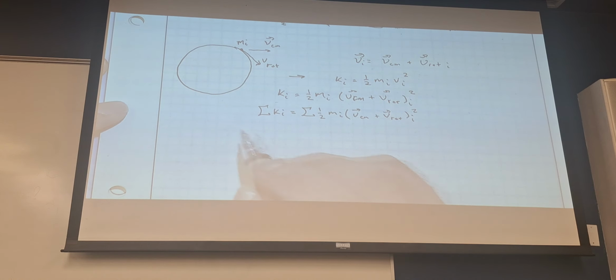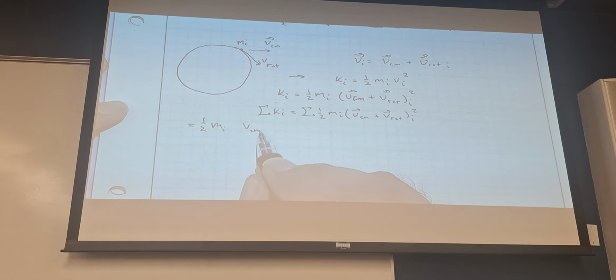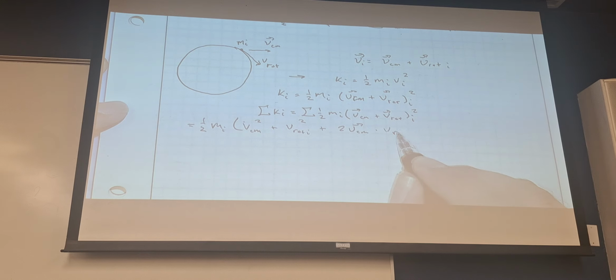Okay, so we expand this out. 1/2 m_i V_CM squared plus V_rot,i squared plus 2 V_CM dotted with V_rot. So I just expanded it out.